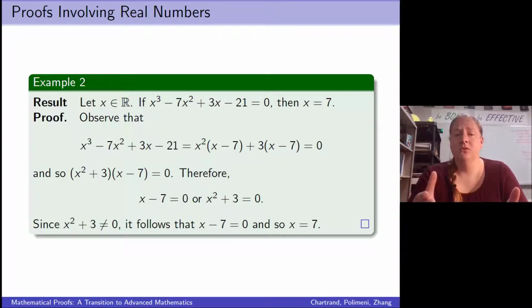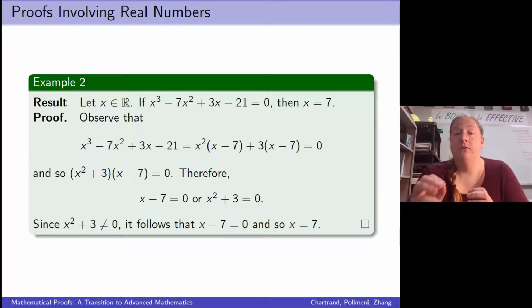To do this, we're going to first notice that my first two terms of this equation, x cubed minus 7x squared plus 3x minus 21 equals 0, those first two terms have an x squared in common, and the second two terms have a 3 in common. So when I factor out an x squared from the first two terms, I'll get x squared times the quantity x minus 7.